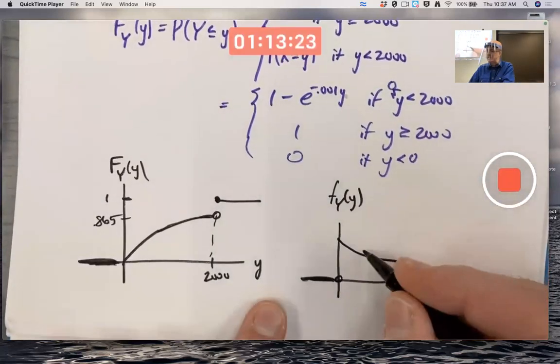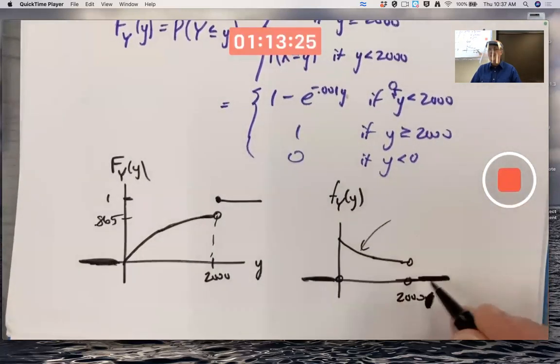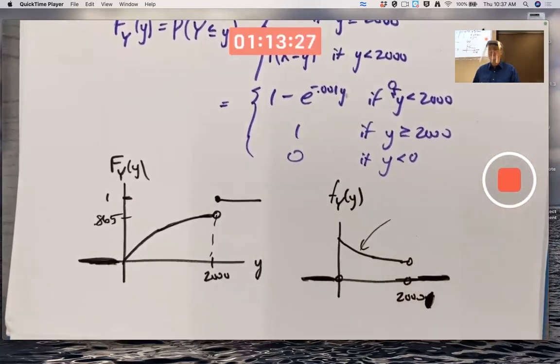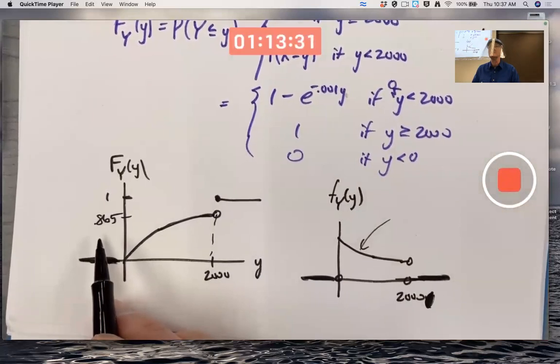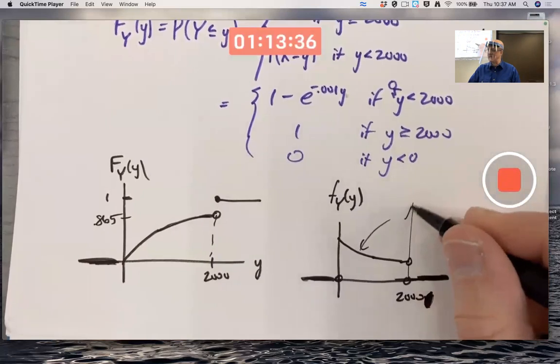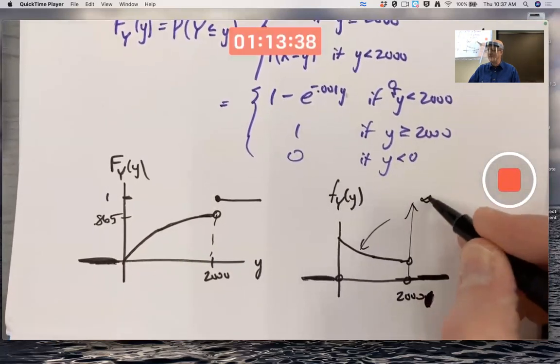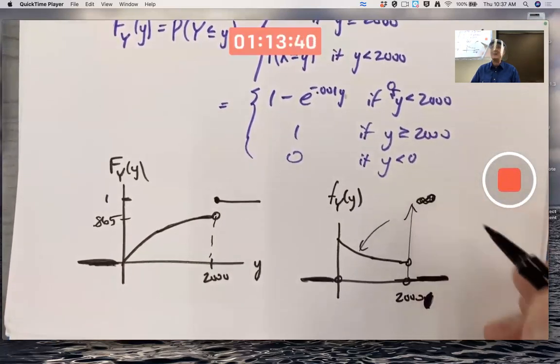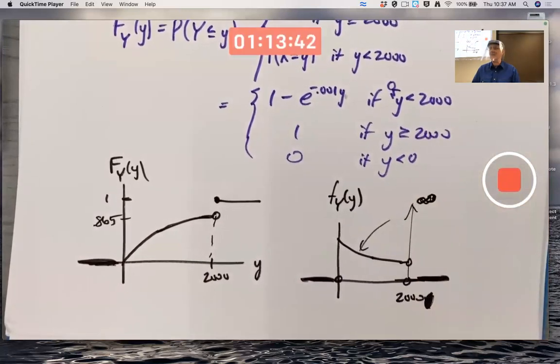If you only integrate this part from 0 to 2,000, you're actually not going to get 1. You'll get 0.865. In effect, the value of the PDF has to be infinite at 2,000 in such a way that when you integrate to including past 2,000, the integral is 1, as it has to be for a valid PDF.